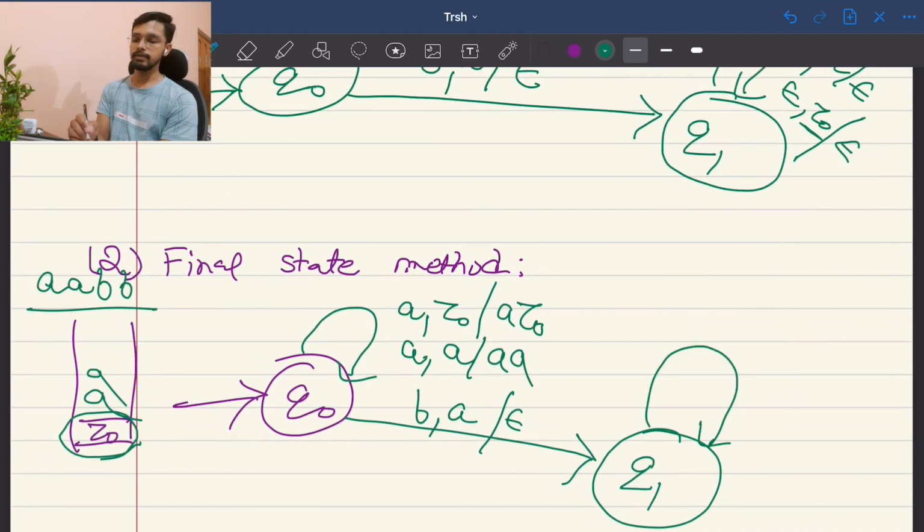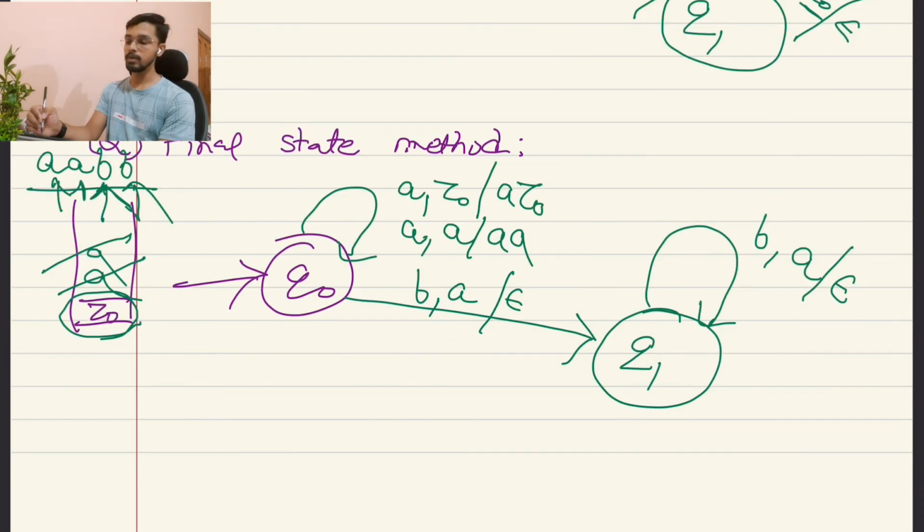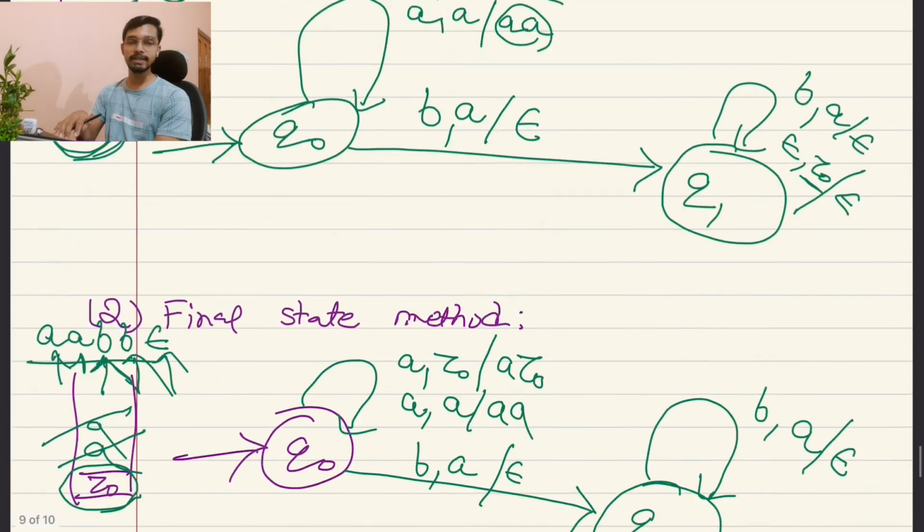And in this state, if I encounter again a B and the top of the stack is A, I have to pop, for sure. I pushed two A's, now I scan B, I have to pop A. Another B, I have to pop this A also. Now I have reached the end of the string. What I need is a final state. Here in the final state method, we don't need to push the initial stack alphabet, which we did in the empty stack method.